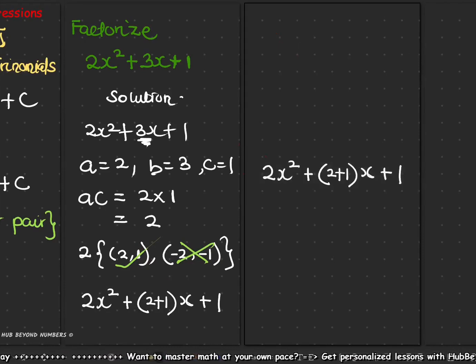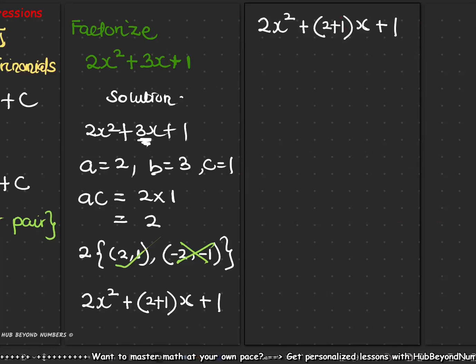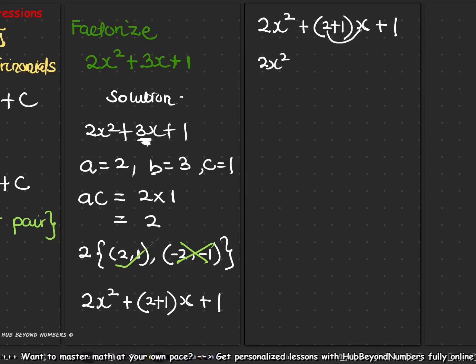Now, if we look here carefully, you would realize that you can open up this bracket. In what way? We have 2x squared, then the 2 here multiplies our x to give us 2x. That is, this 2 multiplies this x, giving us plus 2x.